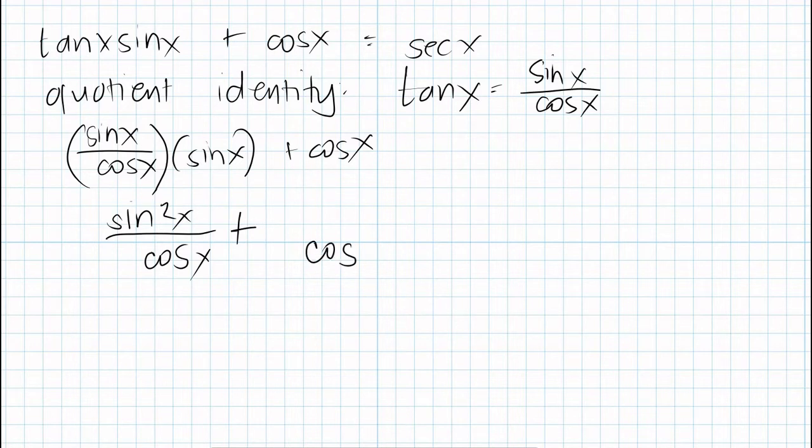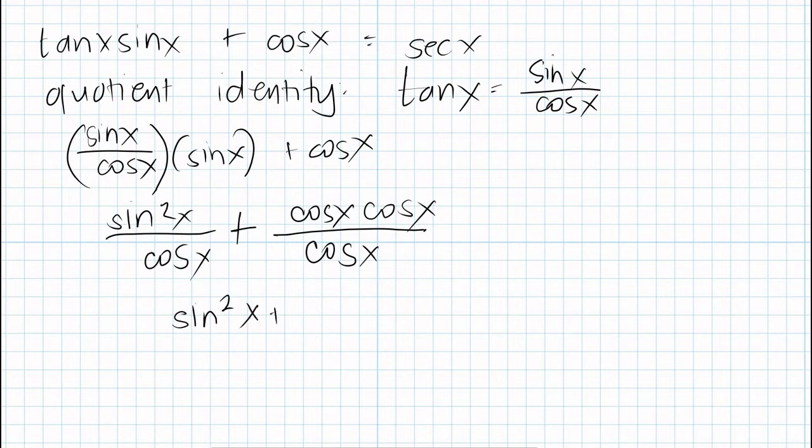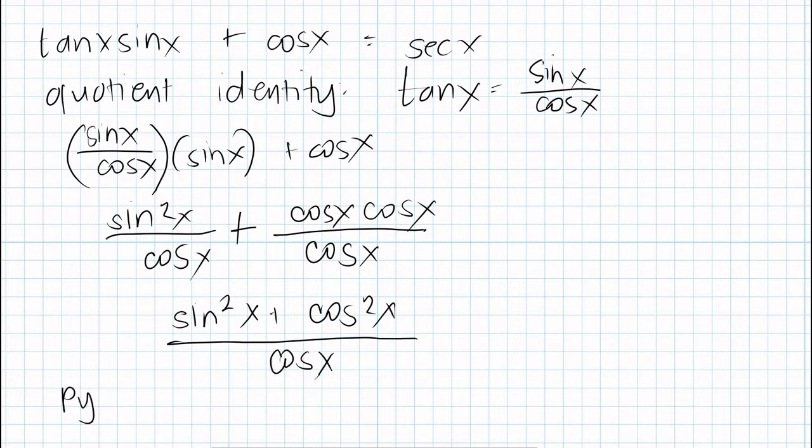Now, in order to add these two terms, we have to make cosine x have a denominator of cosine x. So that means we will multiply cosine x to the numerator and denominator, and that will give us sine squared x plus cosine squared x all over cosine x. Now, again, from the Pythagorean Theorem identity, we know that sine squared x plus cosine squared x is equal to 1.